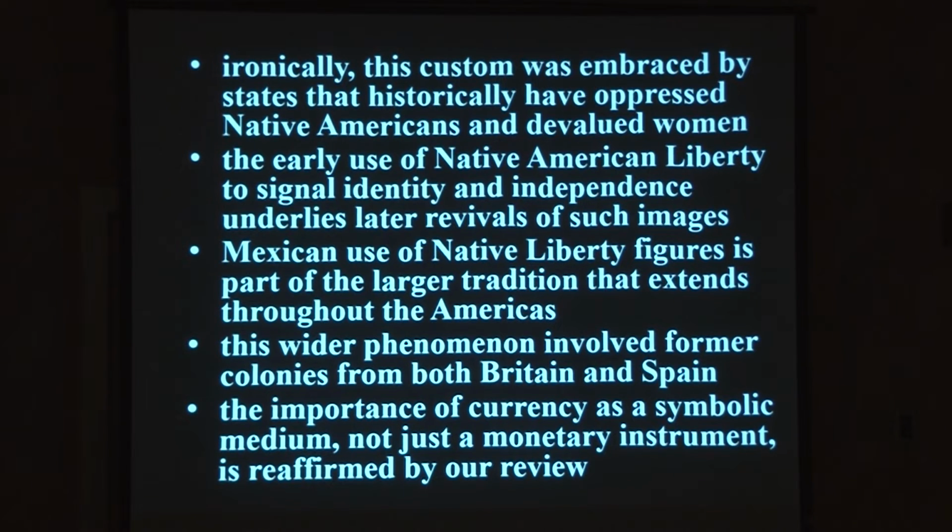We usually think of an Indian head penny relative to the standing and stature of Native Americans in the late 1800s in our country, right? But it's building on this heritage that preceded it by almost a century, all right? This wider phenomenon involved both former colonies from Britain and Spain.